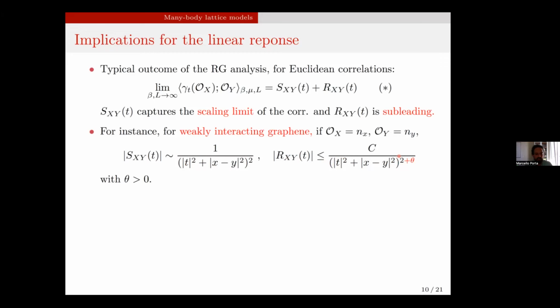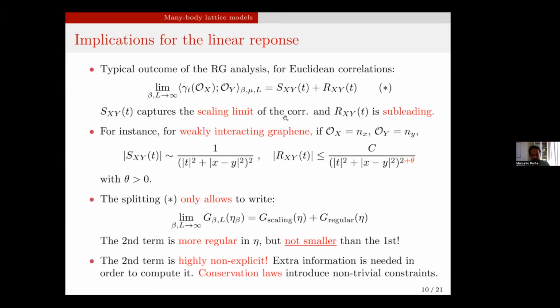This is, of course, nice for looking at correlation functions, but not so useful for computing transport coefficients, because if you replace this decomposition inside the Wick-rotated linear response, which is in fact a Fourier transform of the correlation function, then what you end up with is a sum of 2 terms. The first one involves the Fourier transform of the scaling limit, and the second one involves the Fourier transform of the regular part.